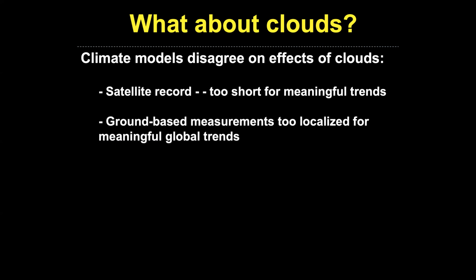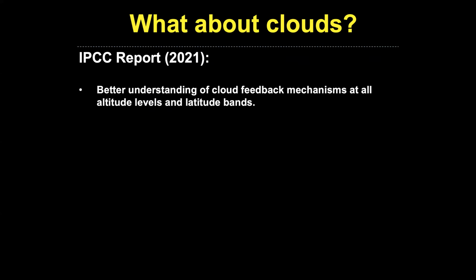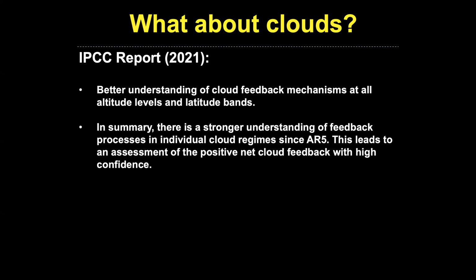Climate models disagree on the effects of clouds. The satellite record, as I mentioned, is too short for any truly meaningful trends that match the same kind of trends we understand for things like precipitation and temperature. In the IPCC report in 2021, there's a better understanding of cloud feedback mechanisms at all altitude levels. That's good. And in summary, there's a stronger understanding of feedback processes in individual cloud regimes since AR5, which took place in about 2013.